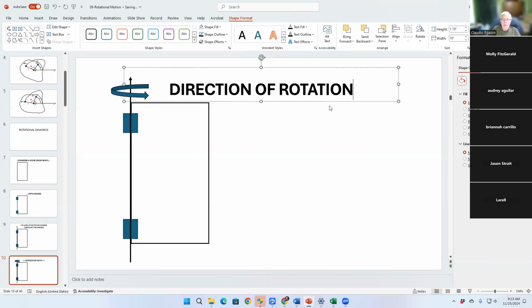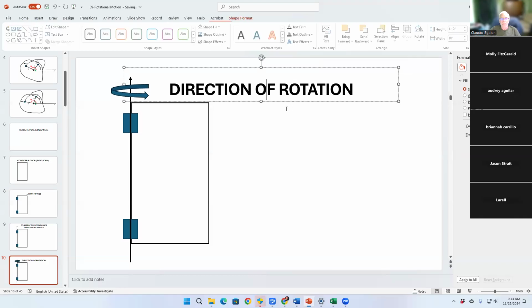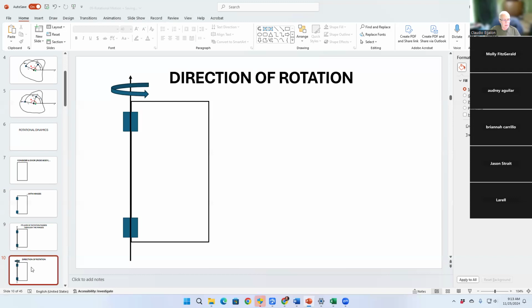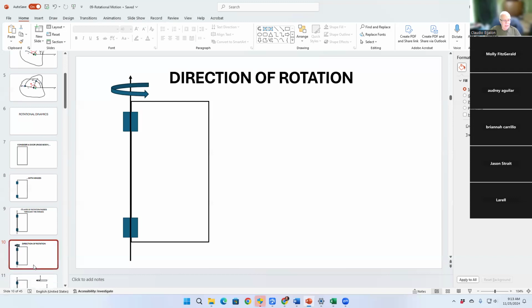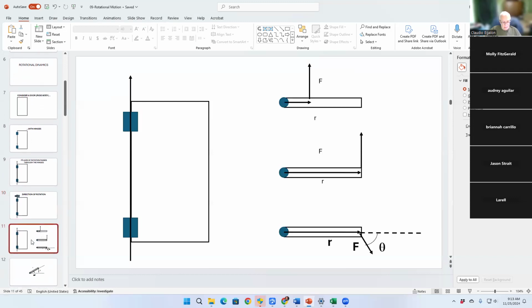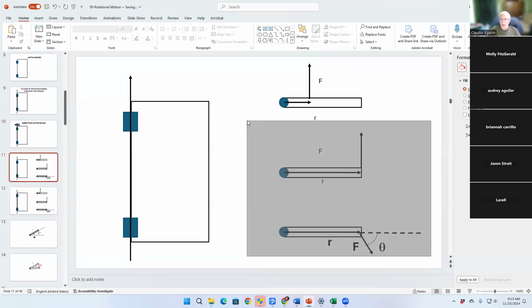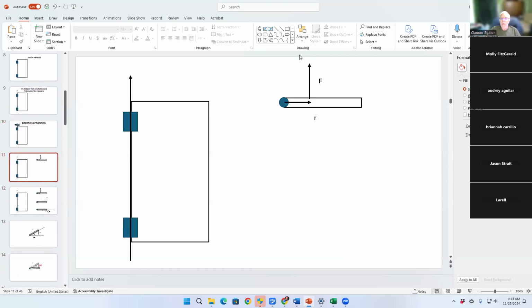Of rotation. Like that. But looking from the top, right? Looking from the top, we have the axis of rotation and the door.